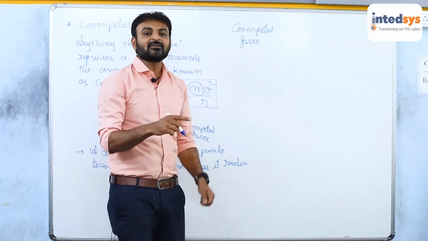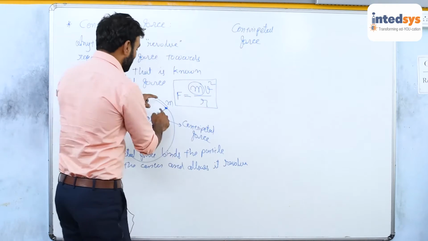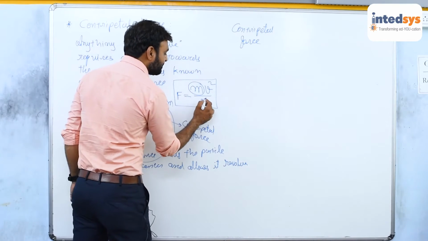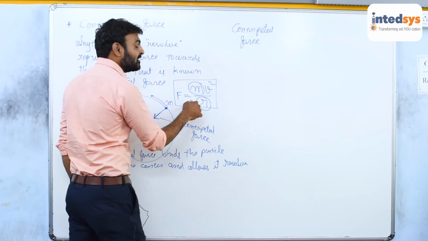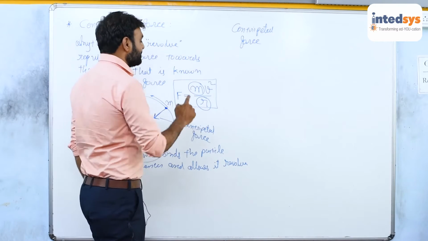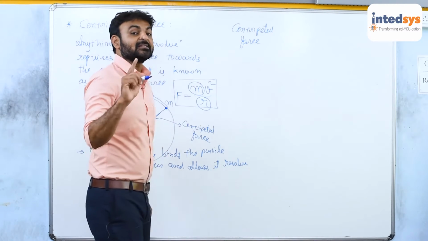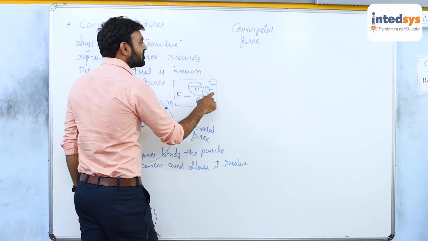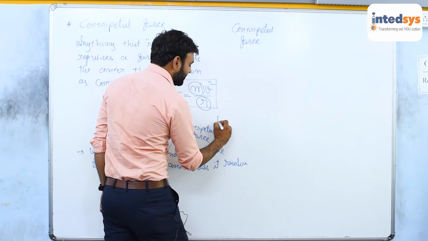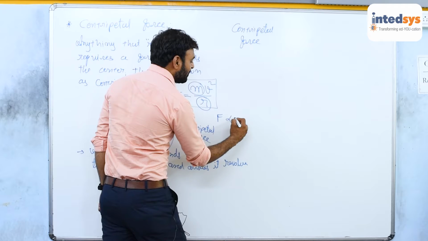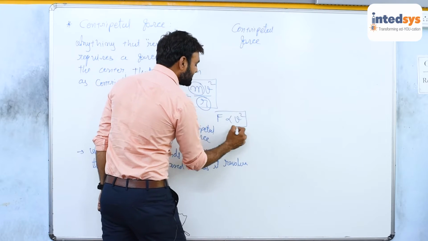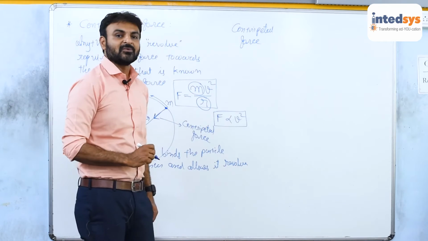The radius of the circle is also a constant value, which means mass and radius are going to be constant factors. The thing that varies is velocity. It means that F depends on velocity squared. F is proportional to velocity squared.